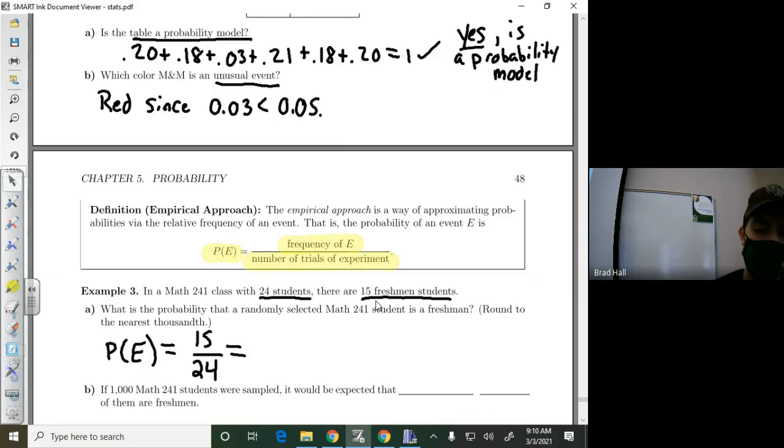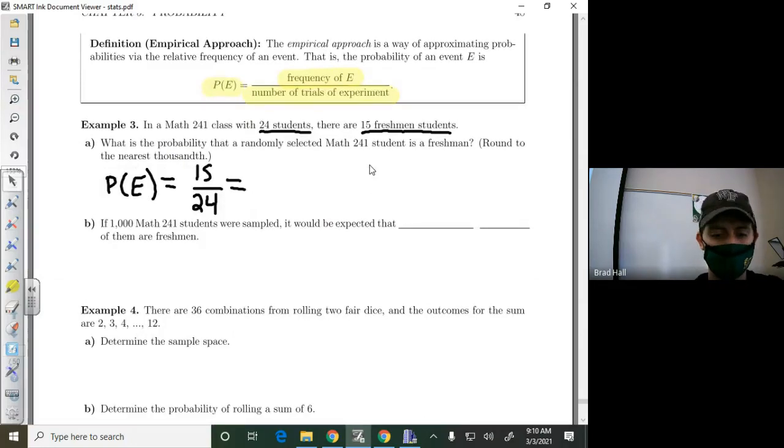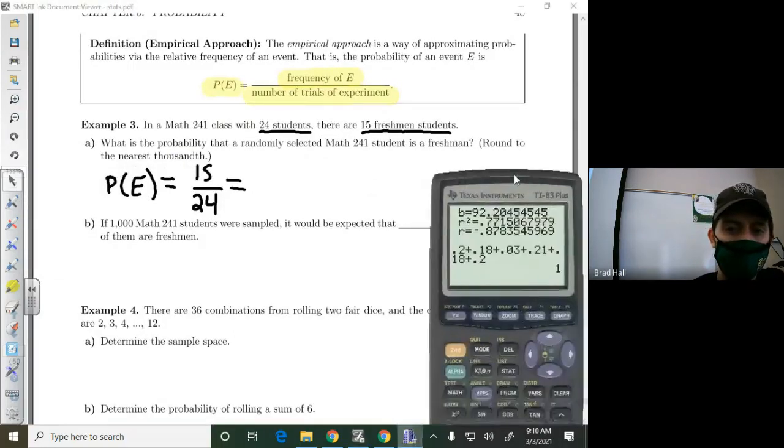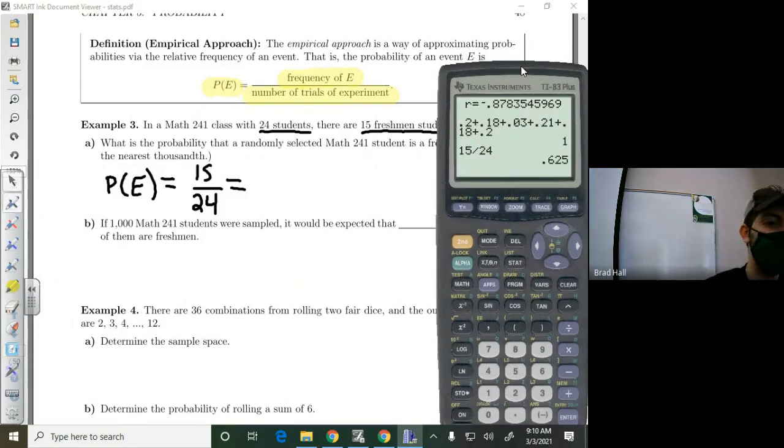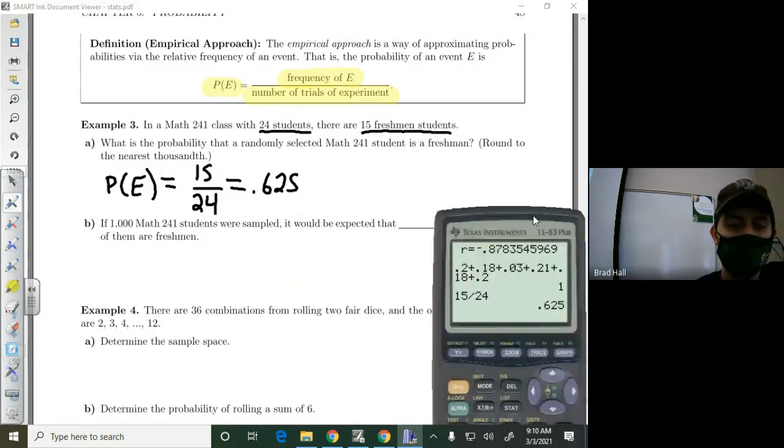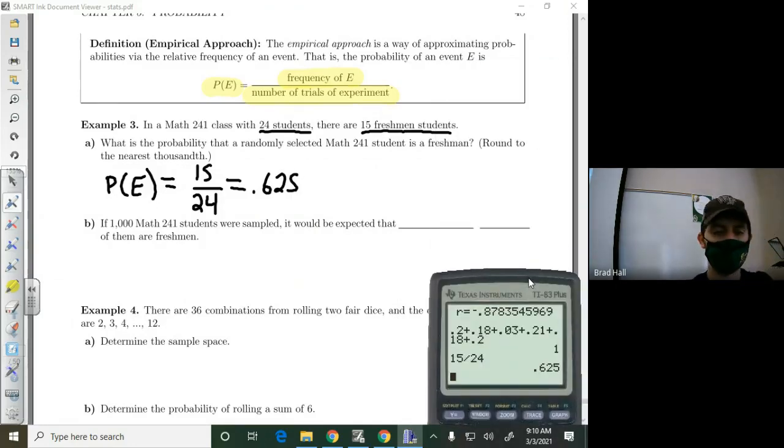That fraction will give us a proportion. 15 divided by 24 is 0.625. So that's the proportion.